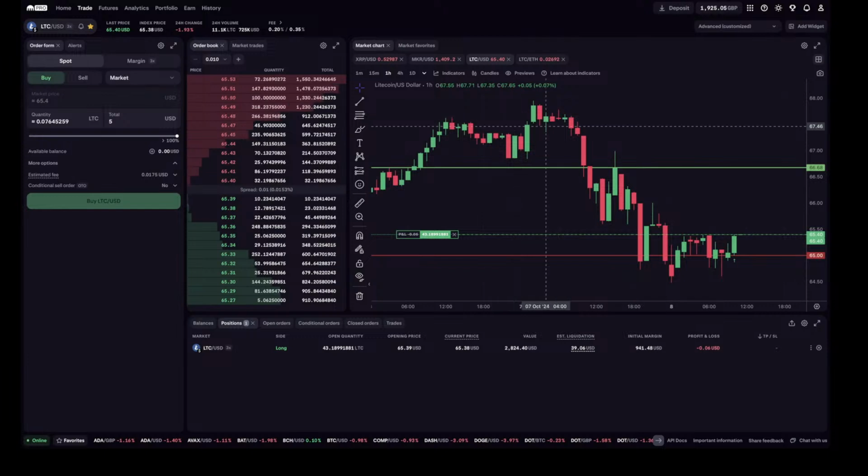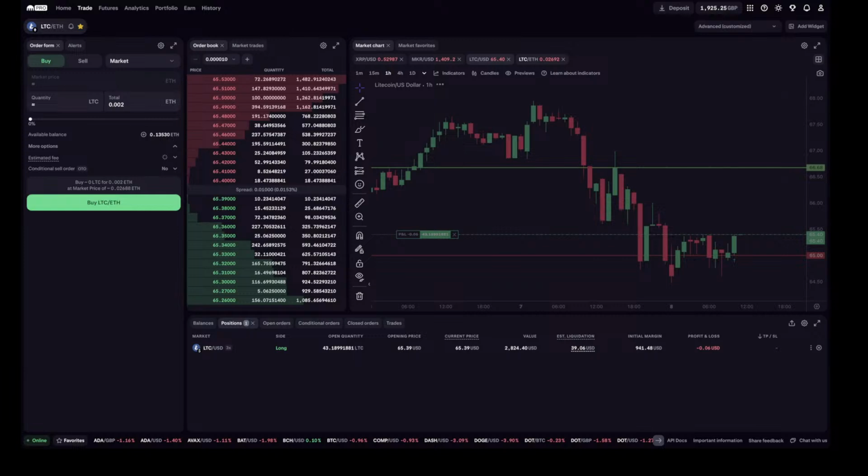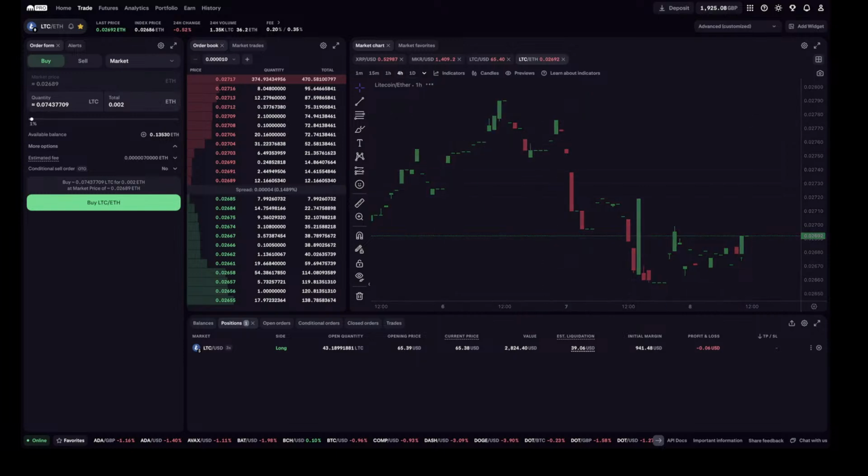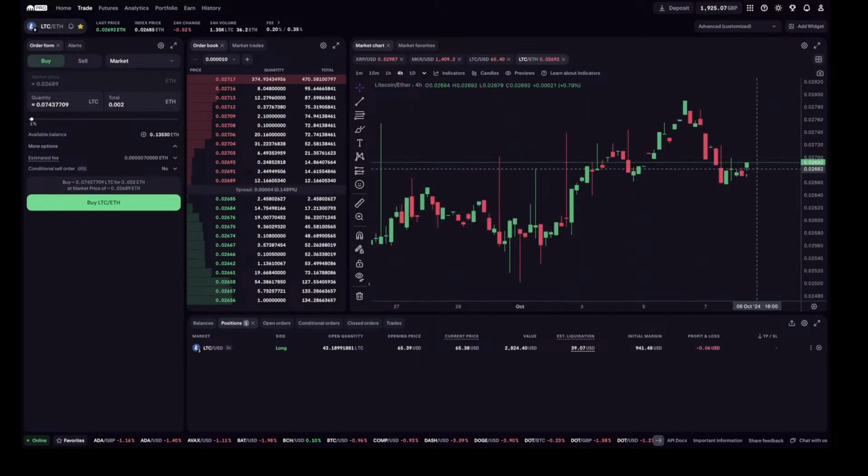We've also bought Litecoin and sold Ethereum as well. As you can see on the chart here, we're in a nice position potentially for Litecoin over Ethereum. So I've sold Ethereum and I've bought Litecoin.